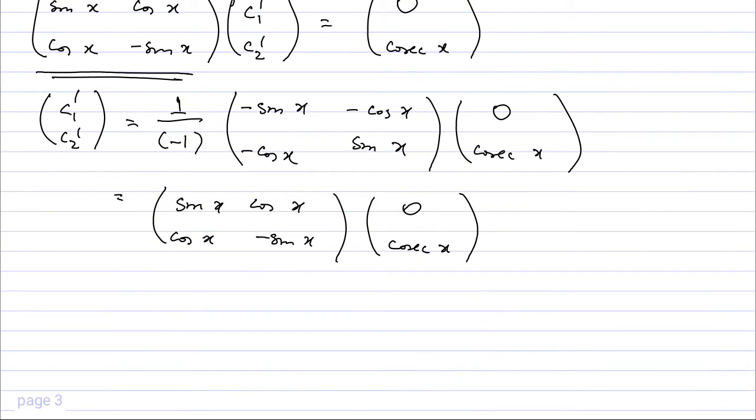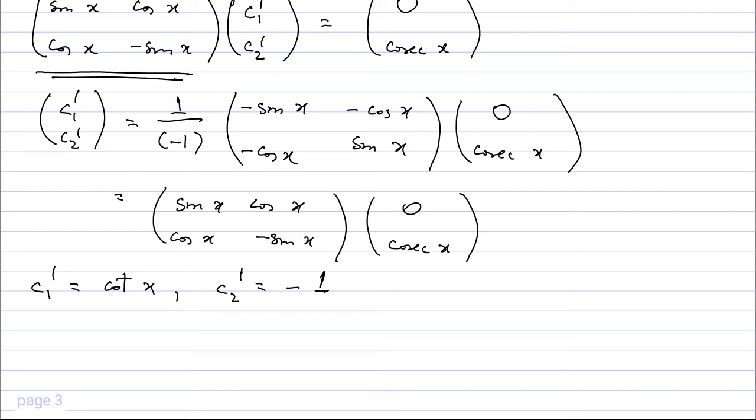And so you can read off that c1 prime is going to be equal to cotangent x, because cosine x multiplied by cosecant x is cosine x over sine x, which is cotangent x. And c2 prime is going to be equal to minus sine x multiplied by cosecant x, which is going to be minus 1.